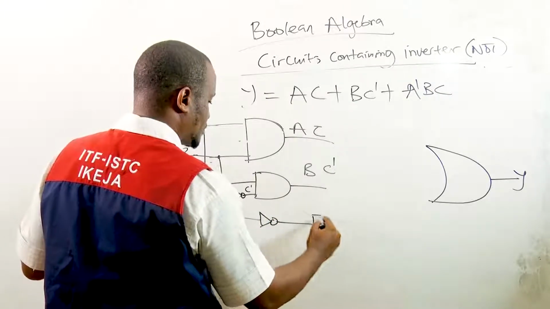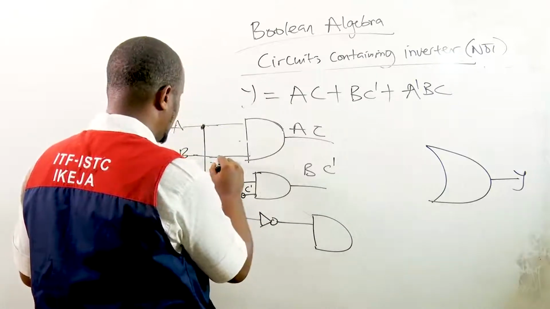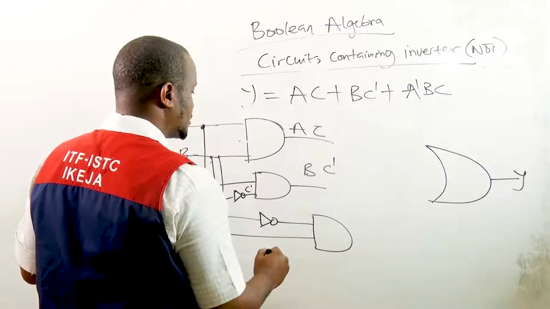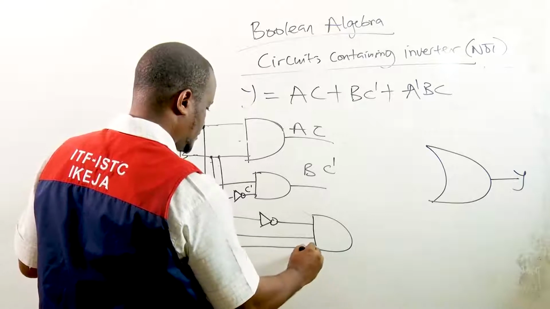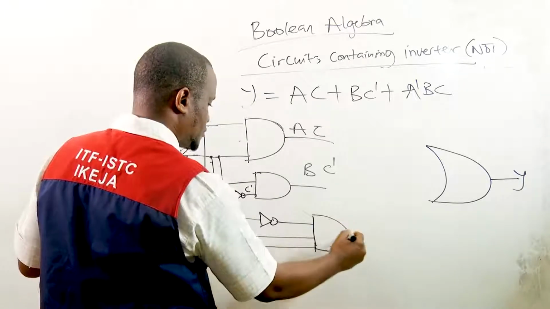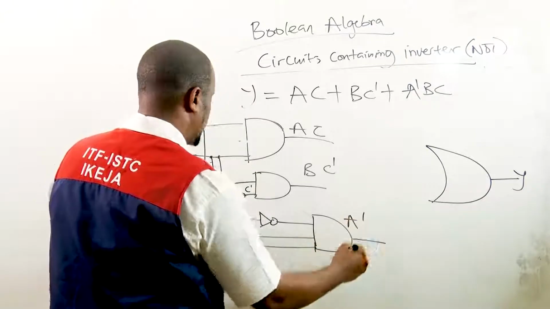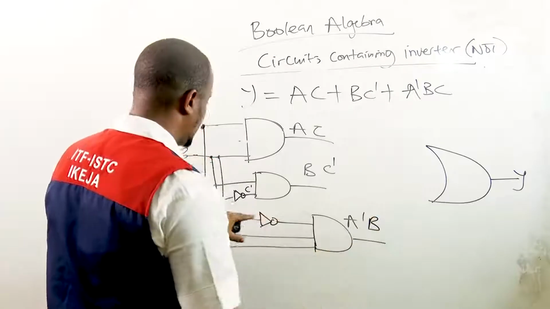Okay. And then the B has to be tagged from here as well. And then the C as well. So here we can now have A prime, B, and then we have our C.